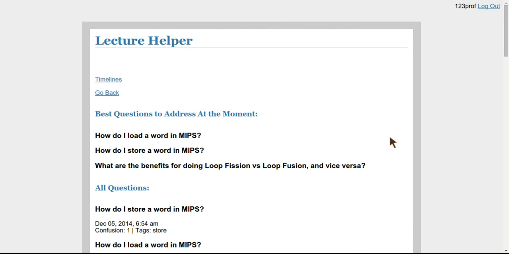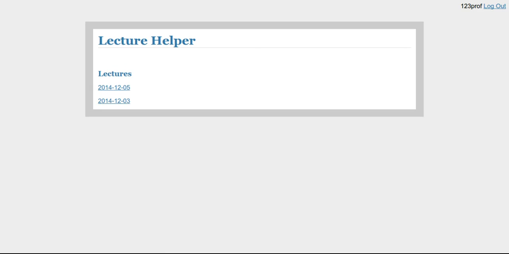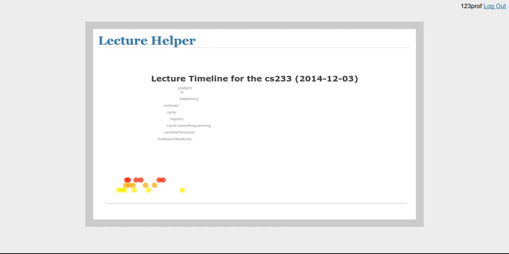So this is one part of the professor view. Another part is our visual suite. We have timelines for each lecture, and we actually have two timelines for this particular class. We'll look at the timeline from the actual CS233 review lecture first. That's here.